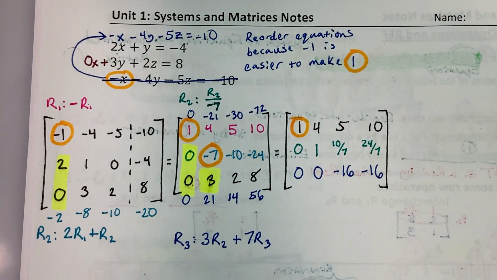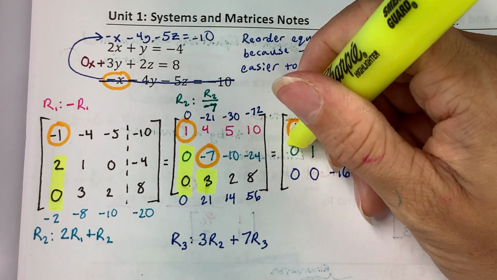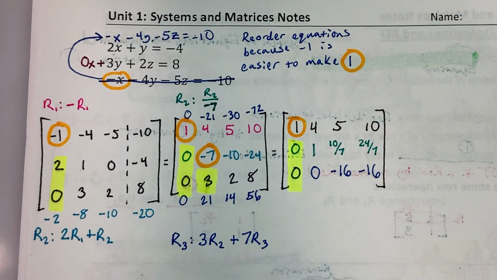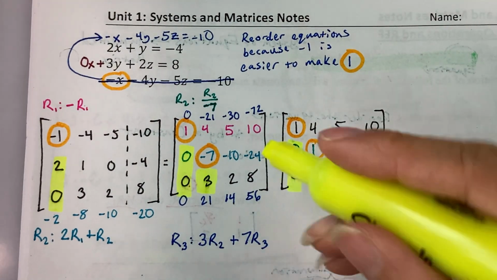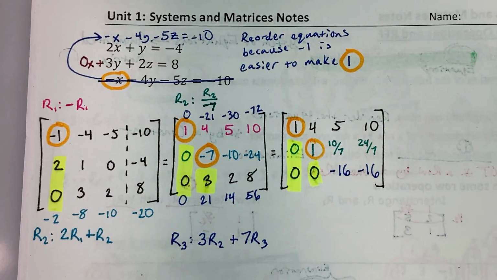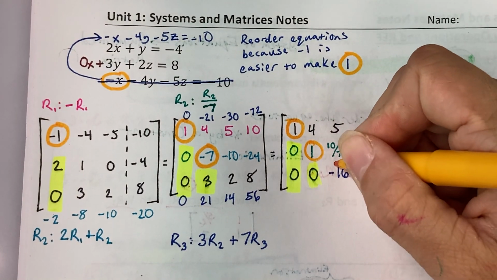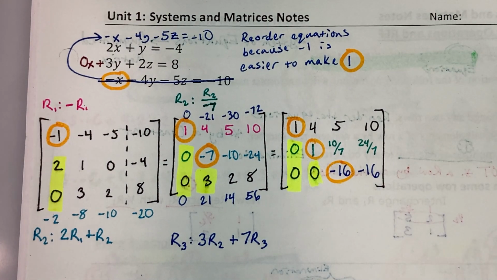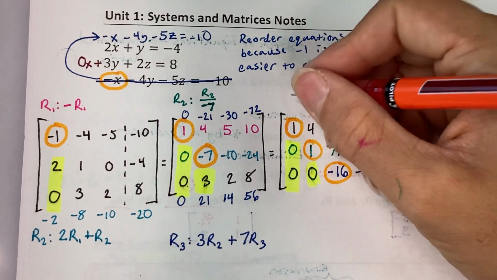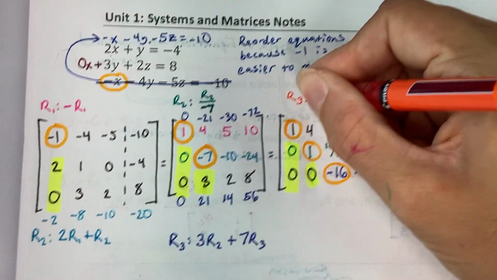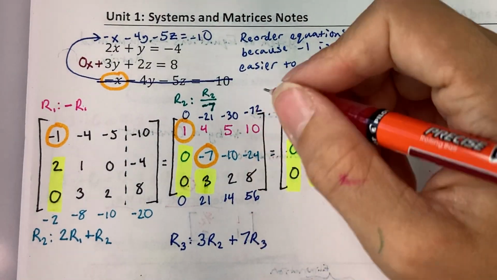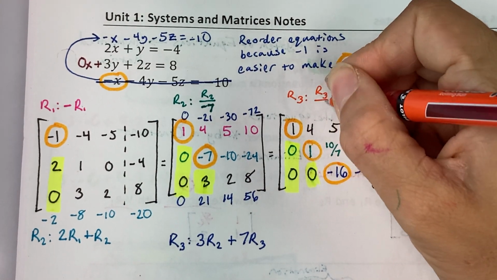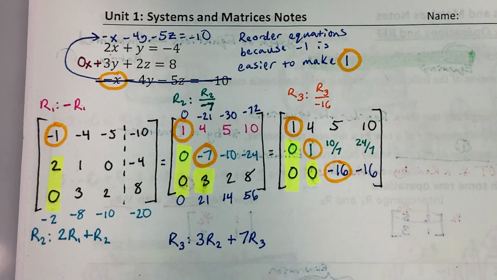So looking for row echelon form, column by column, we've got our 1 with our zeros below it, our next one with our 0 below it. Now our last step is getting this to be a 1. So easy enough to do so. We're going to take row 3 and replace it with row 3 divided by a negative 16.